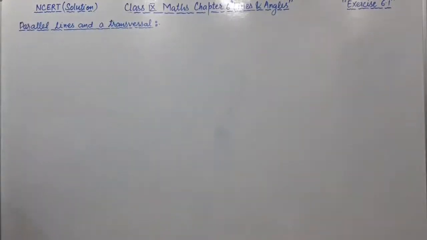Now, dear friends, you need to draw two parallel lines and a transversal. Parallel lines and a transversal. And we need to study a few axioms and theorems based on this.